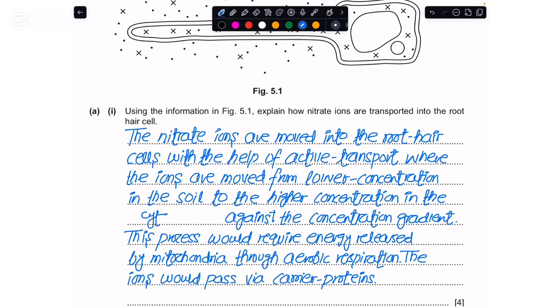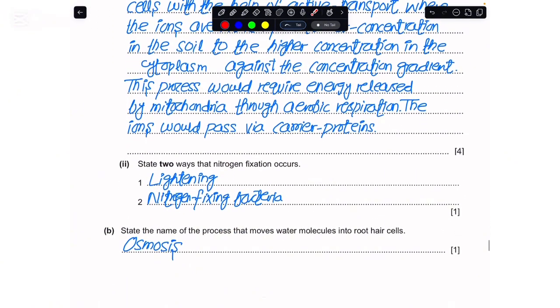So we would say that they would move into the cytoplasm against a concentration gradient, and this process would require the energy which is released by the mitochondria through aerobic respiration, and these ions would pass via the carrier proteins. So this way you would score a total of 4 marks.